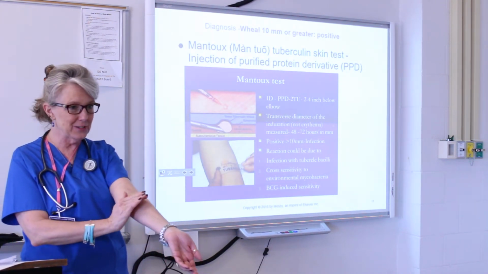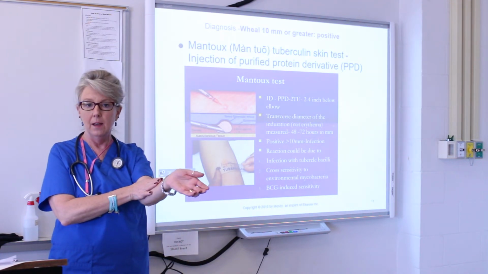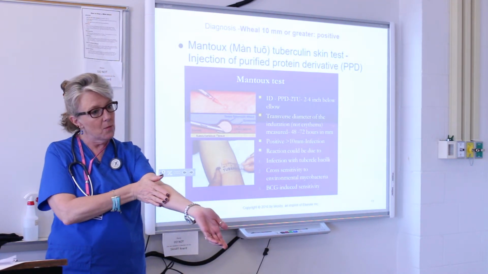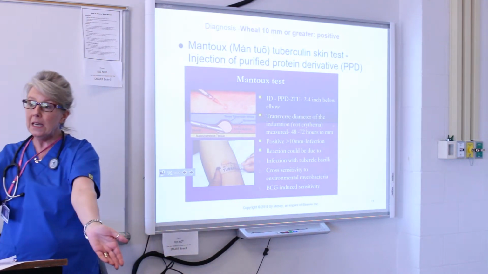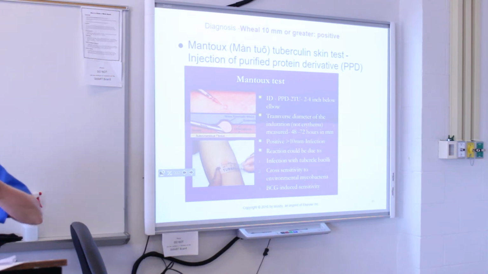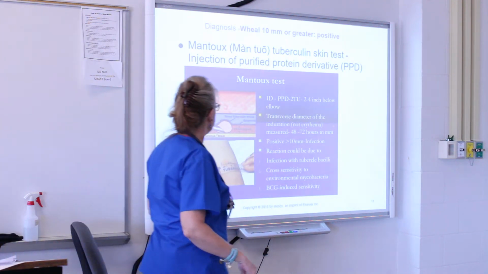Okay, so we get this little bubble initially that shows, and then it goes away, and there may be some redness that develops. The wheal, W-H-E-A-L, may actually stay there, and that's when something is wrong.